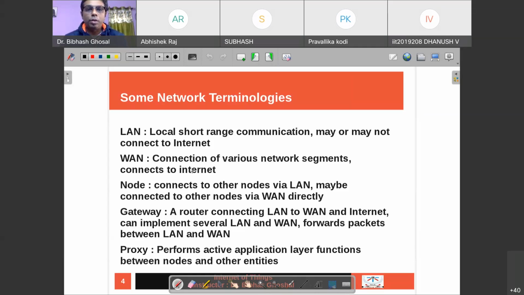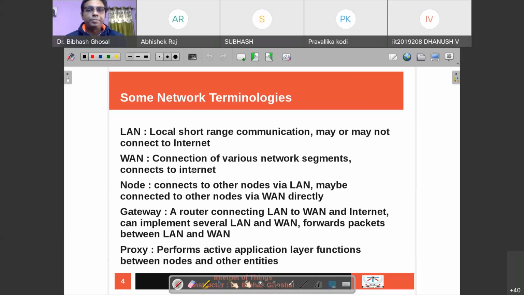Okay, low range connection. The key thing about this is that the protocols used for LAN communication will be very low power, mainly okay with battery operated devices, where you can deploy and run these protocols on battery operated devices, and they are for short range communication.